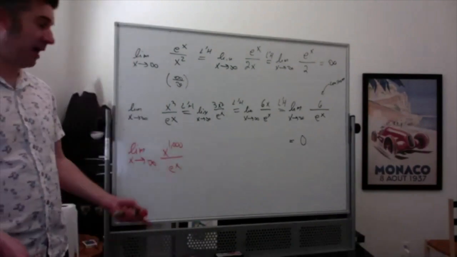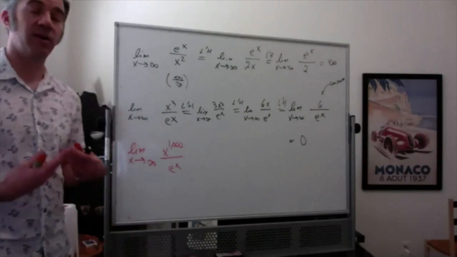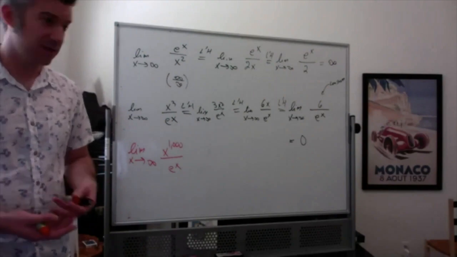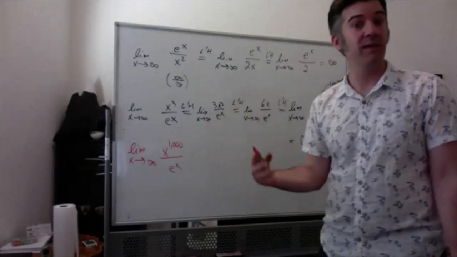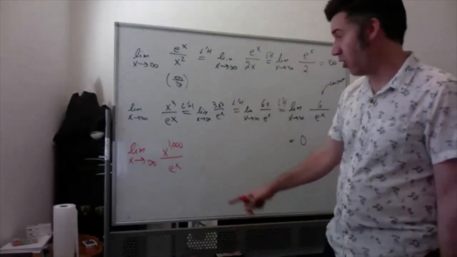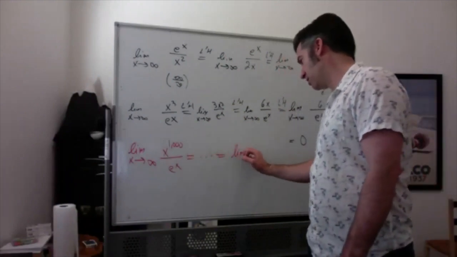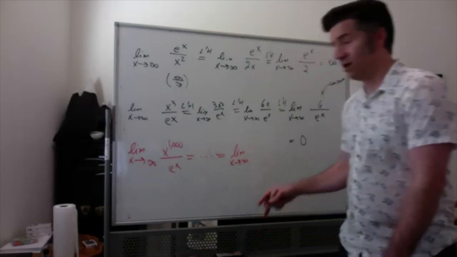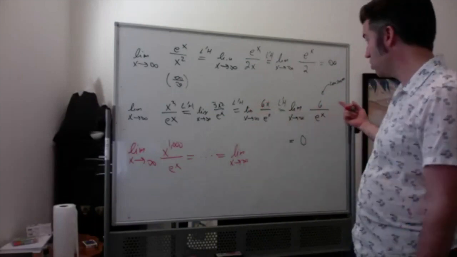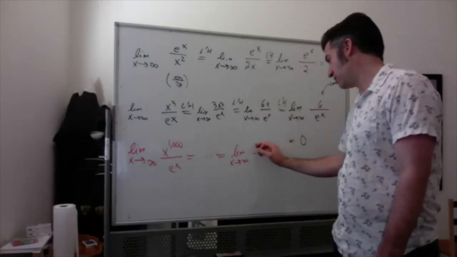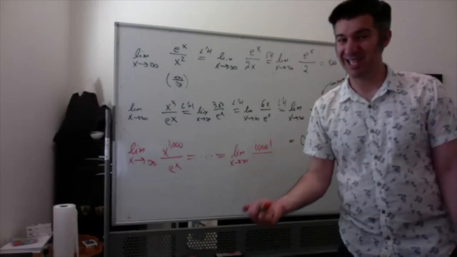Well, we know that after we apply L'Hopital's rule 1,000 times, the top is going to be 1,000 times 999 times 998, all the way down to 2 times 1, which is 1,000 factorial, over e to the x. That's a really big number, but it's still a constant.